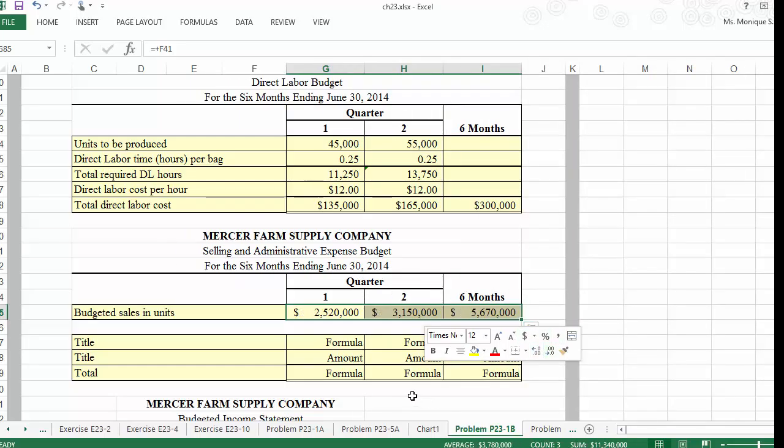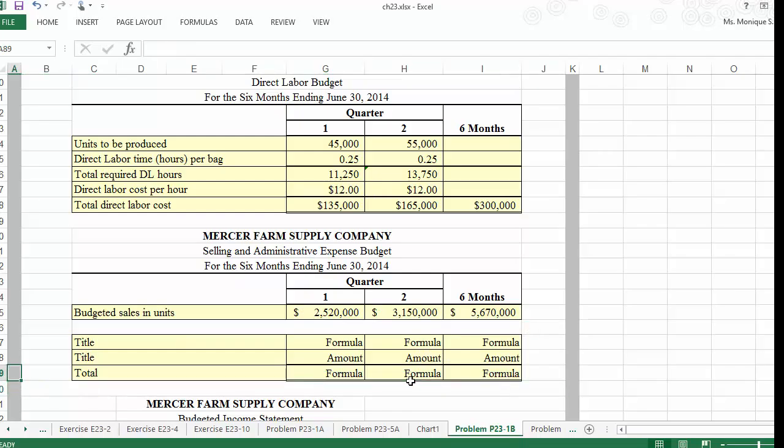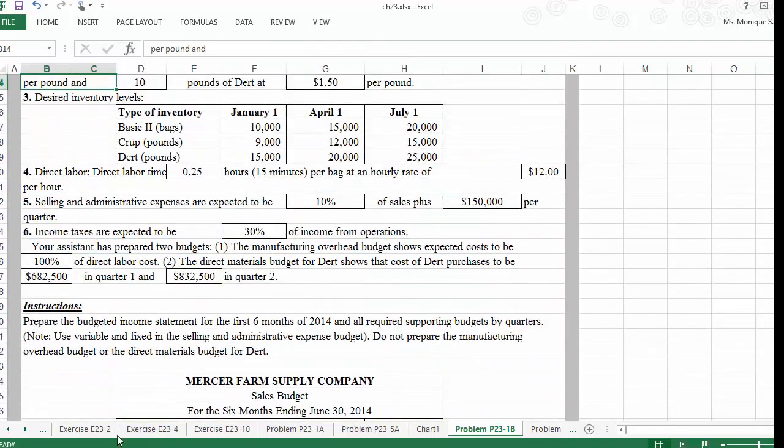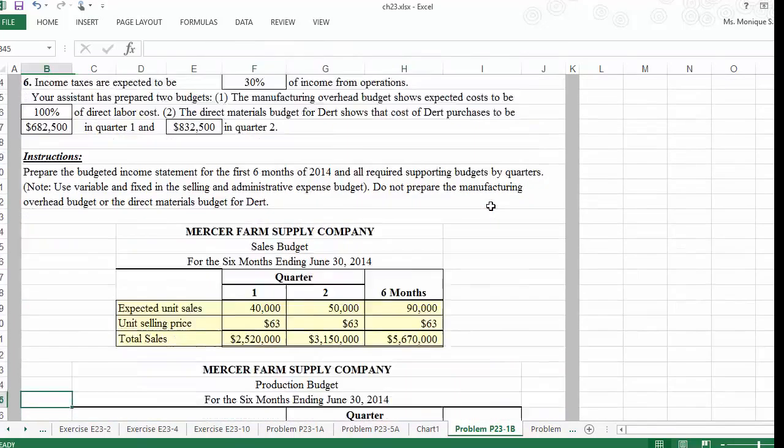And yeah, got it. And then what we're going to do is for our selling admin, let's read the problem. It says, number 5, selling and administrative expenses are expected to be 10% of sales plus $150,000 per quarter.